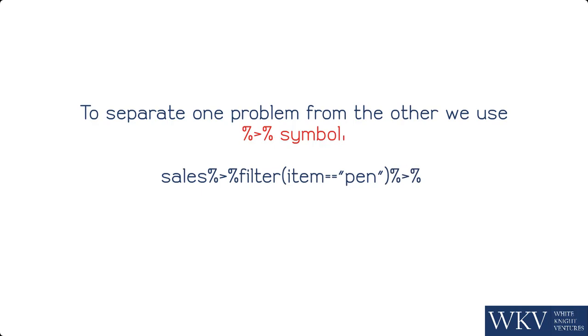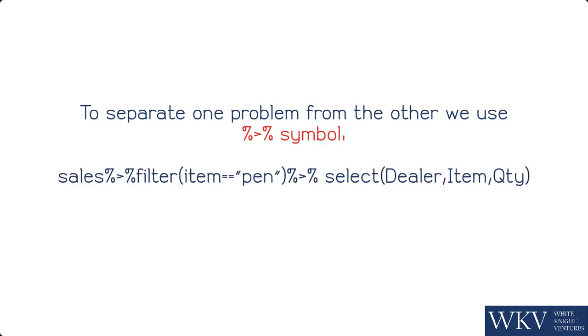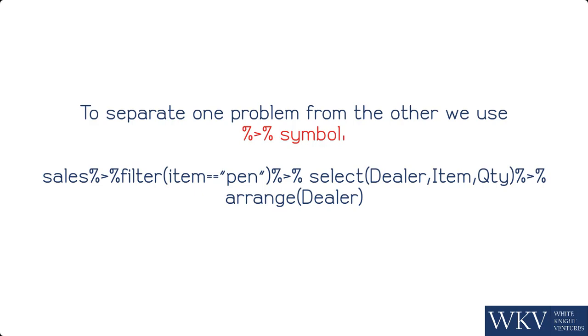Then we separate it again and write the select statement with the 3 variables dealer, item, and quantity. We then had to sort or arrange this dataset by dealer, and lastly, we want the top 6 rows, so we write head. Basically, we gave the name of the dataset, then we filtered the data, selected the columns, arranged them based on dealer, and then finally pulled out the top 6 rows from the table.